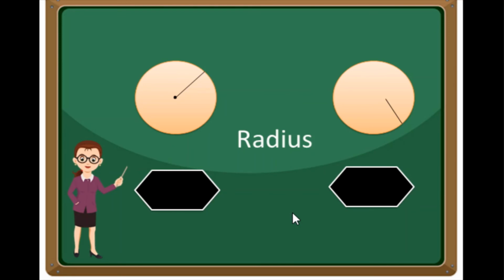Okay, the radius is figure 1. Good job. The correct figure of a radius is figure 1. It has to be connecting the center and another point in the circle. Radius.